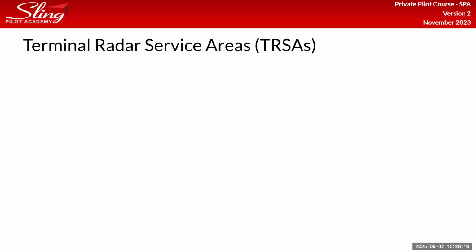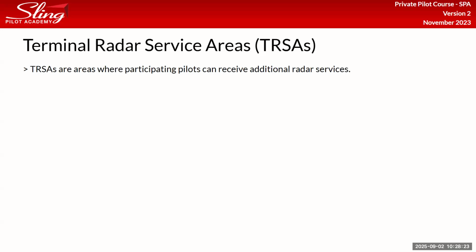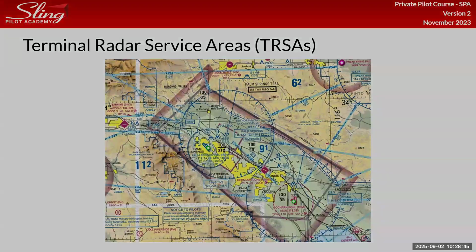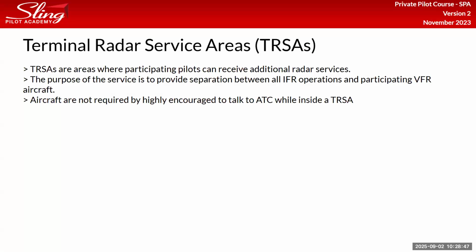Okay. Terminal radar service areas, TRSAs. TRSAs are when controlling agencies, like for Palm Springs, is the biggest example. Palm Springs is a Delta airspace that wants to be a Charlie airspace. They have so much traffic, including international traffic that goes to Palm Springs, and they want more control of the airspace for all that traffic.